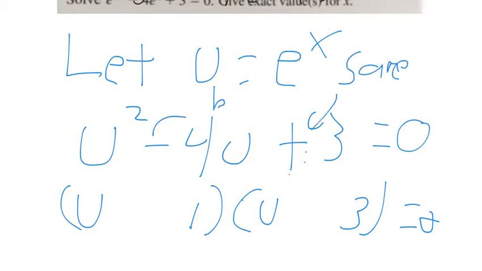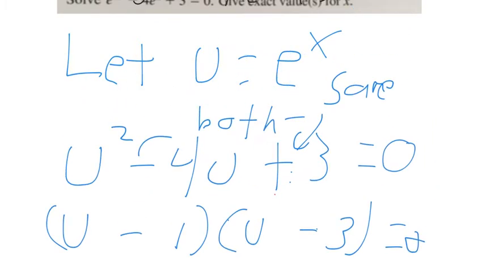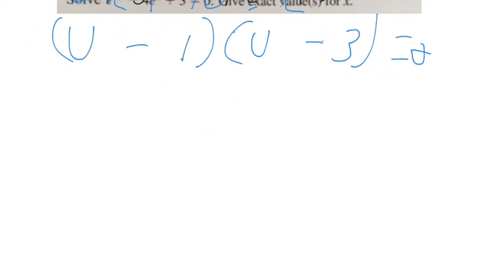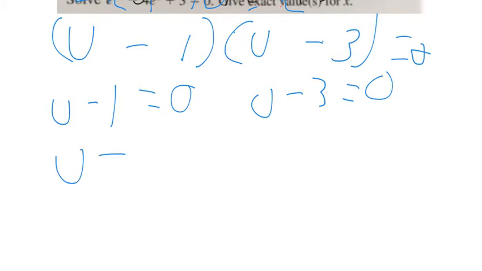Since the first sign is minus, that means they're both minus. So it's u minus 1 times u minus 3. Now if we set each of those equal to 0, u minus 1 equals 0 and u minus 3 equals 0. That means u is equal to 1 and u is equal to 3.